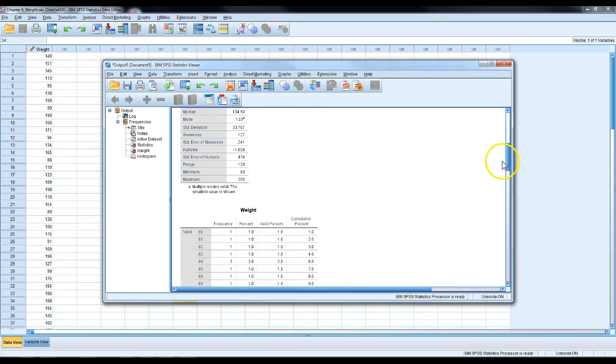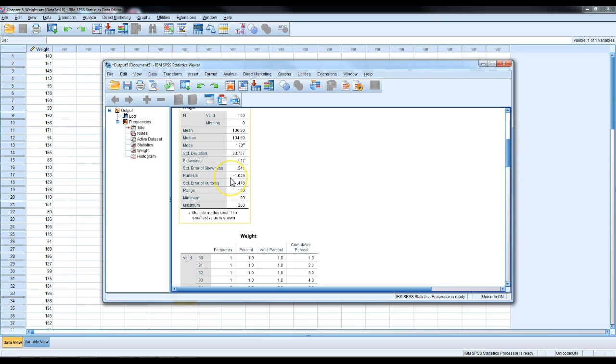And kurtosis is larger than -1, slightly larger. And -1 to +1 were the values in your textbook for data that might exceed what we think of as normal.